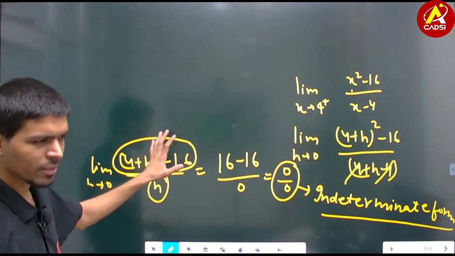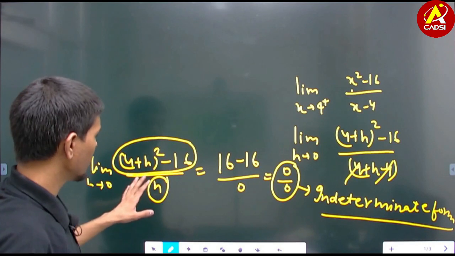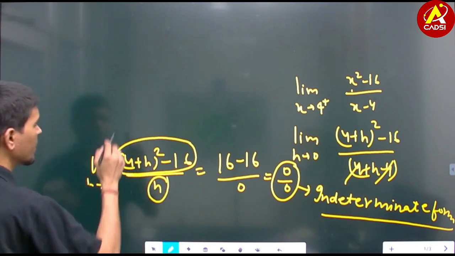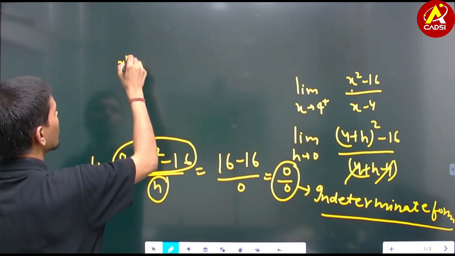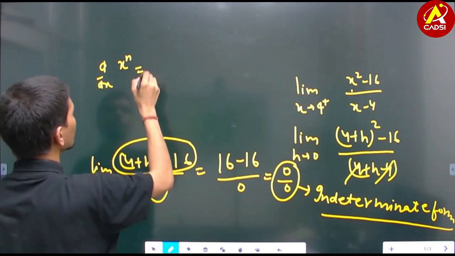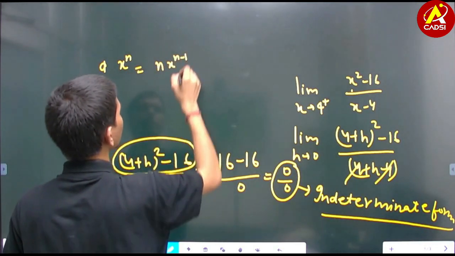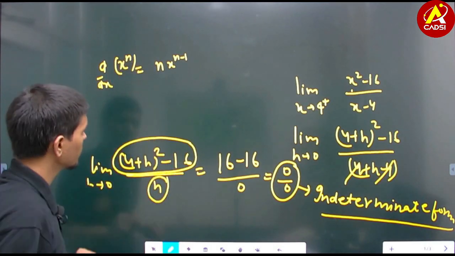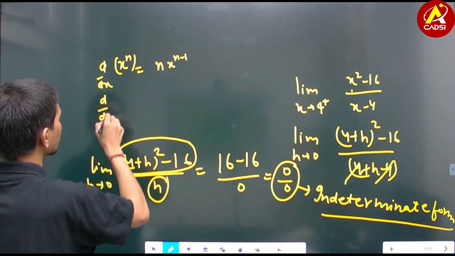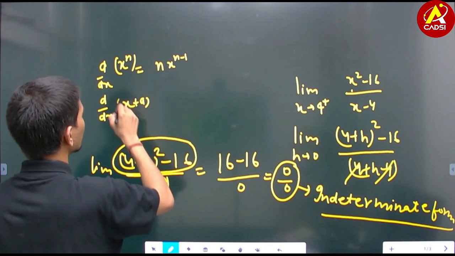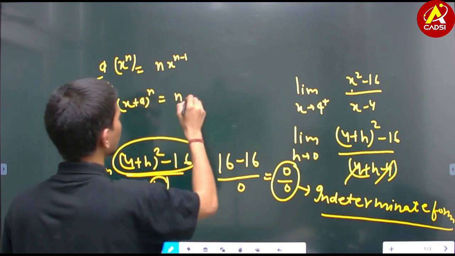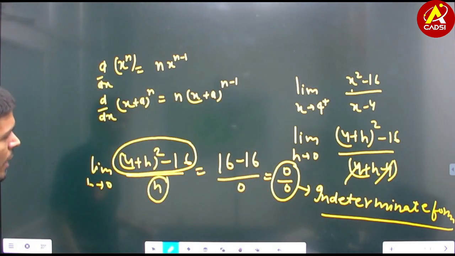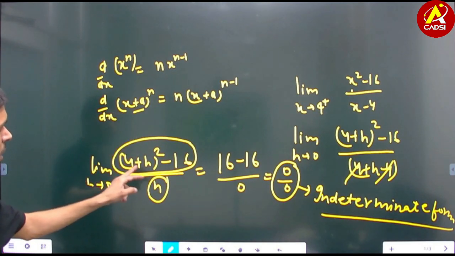I will discuss derivatives in detail after some time, but here I just want to write something. d upon dx of x to the power n is n x to the power n minus 1, and d upon dx of (x plus a) to the power n is n (x plus a) to the power n minus 1. Here x plus a is 4 plus h.